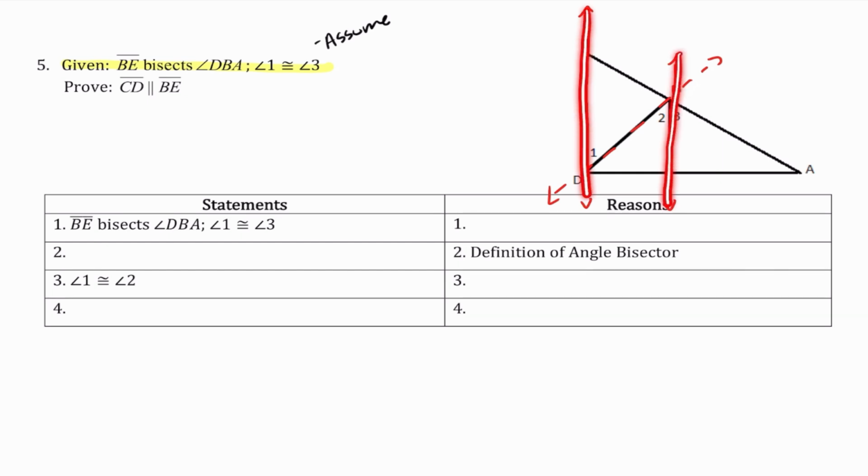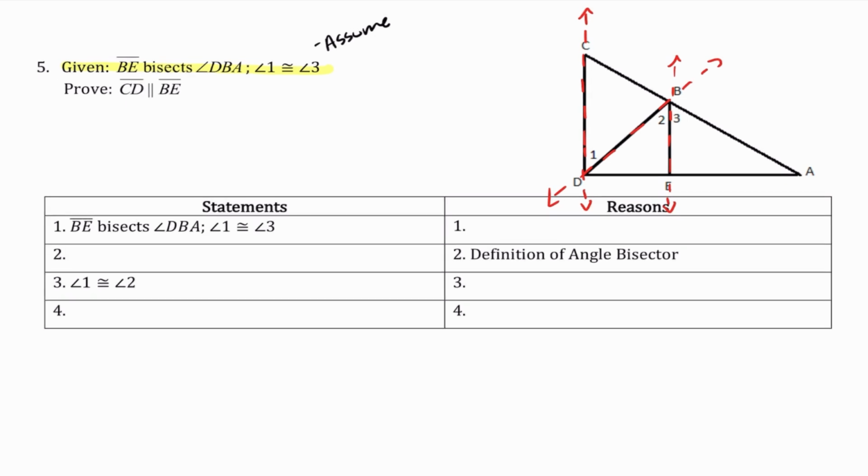So we have two lines cut by a transversal. Now remember, from the given, segment BE bisects angle DBA. This is segment BE, and this is angle DBA. Now what happens when an object bisects another object? Well, remember, the word bisect means it splits an object into two congruent parts. In this case, this object is going to split this object into two congruent parts.